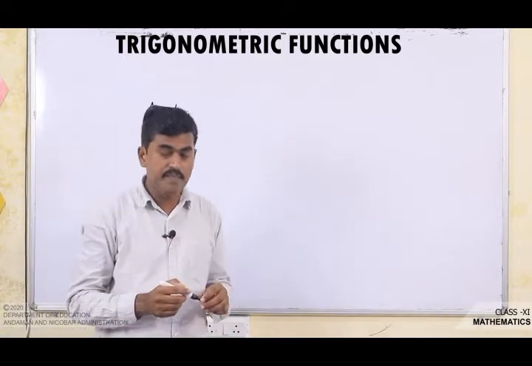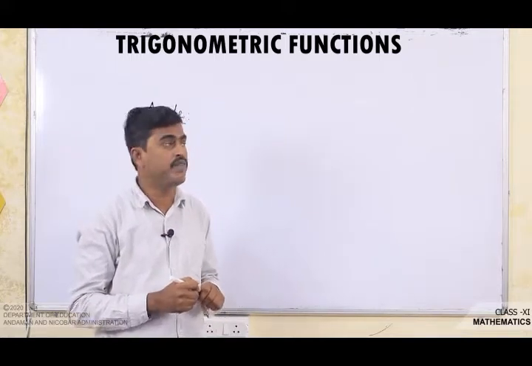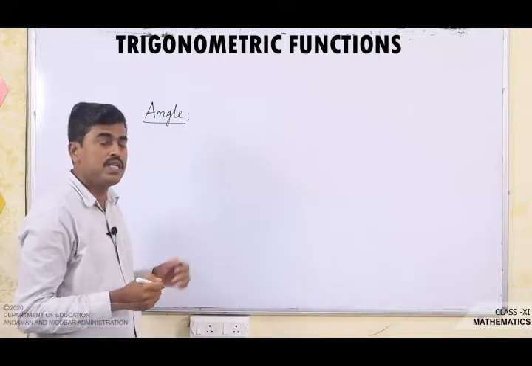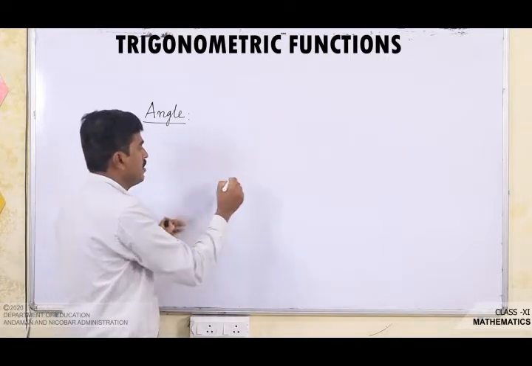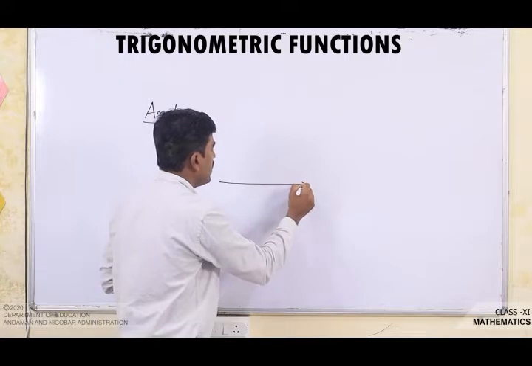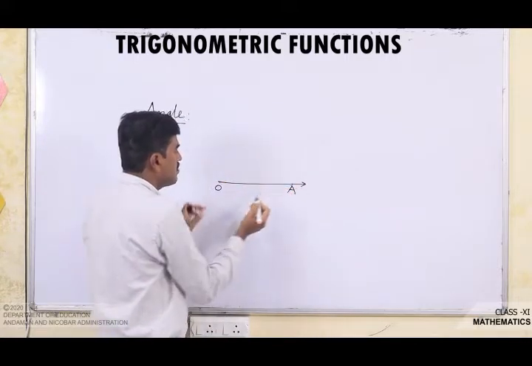Angle is the measure of rotation of a ray about its initial point. Suppose this is a ray OA, and this is its initial point.